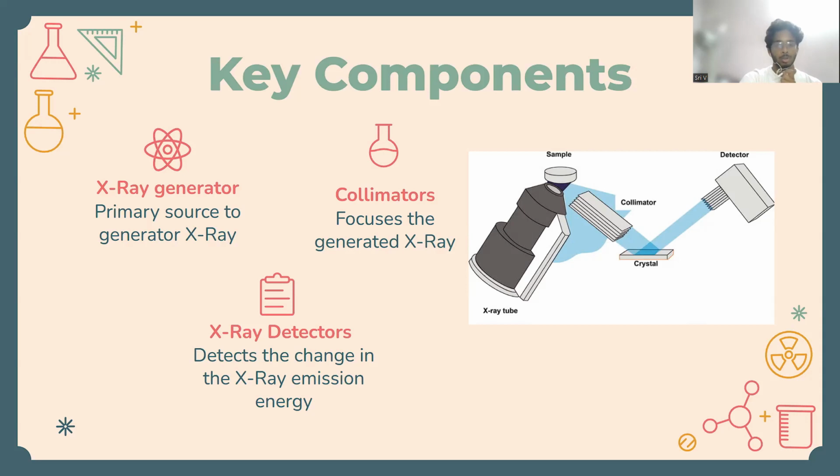Also, it is good to be aware of primary beam indicator lights. And finally, we have to make sure that we store the XRF spectrometer and the samples securely by obeying the local storage requirements of the analysis.